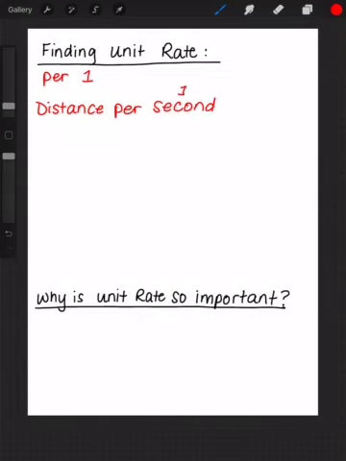And that's 1 second. Okay. Now, hopefully you remember from class, you haven't had too long of a vacation, anytime you see "per" in math, that means division. Okay. So now we can take any of our distances from our data, divide it by however many seconds it took to get that distance, and we're going to find our unit rate.